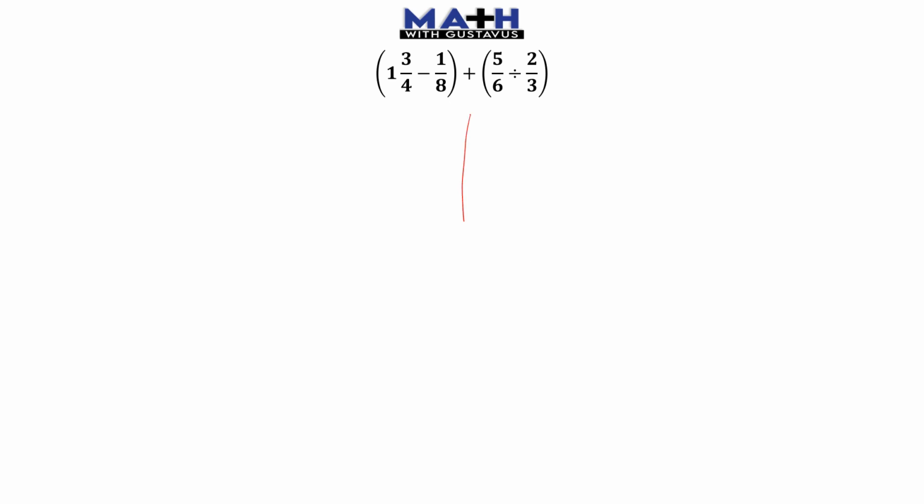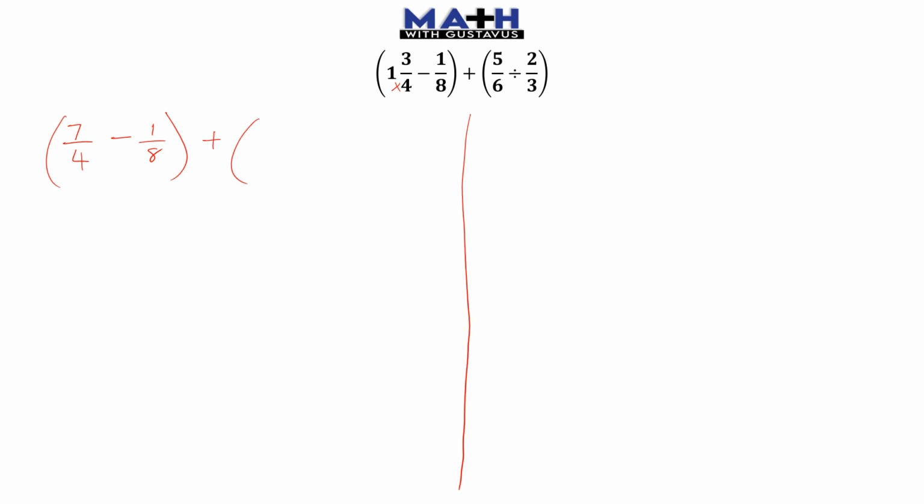So all the mixed numbers, we're going to convert those to improper first and then work the question. So for the first bracket, it's 4 times 1, which is 4, plus 3, that will give us 7, so it's 7 over 4 minus 1 over 8. Those two will go into parentheses and plus.